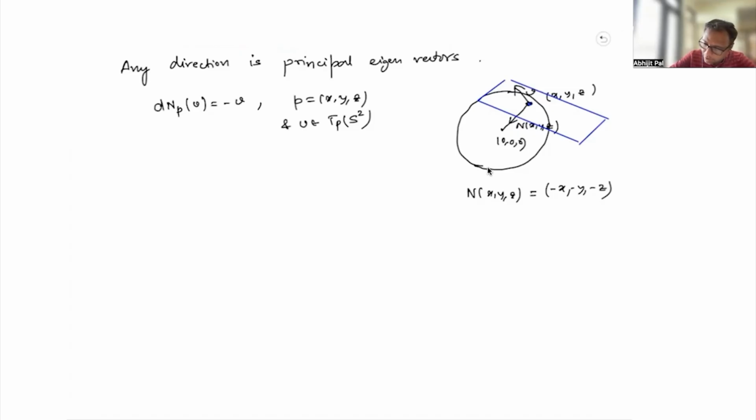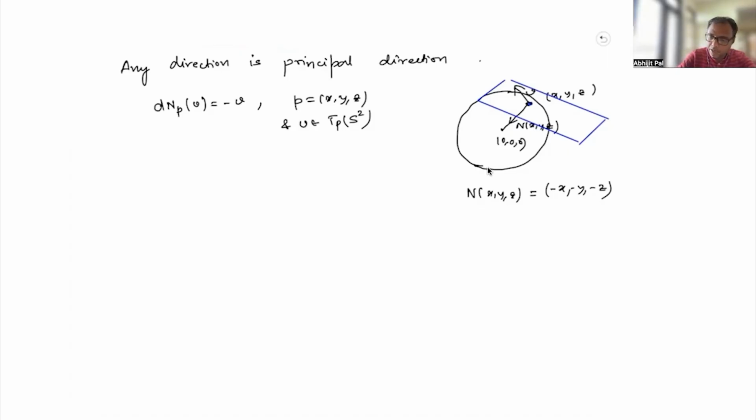Therefore any direction in the tangent space will be a principal direction.